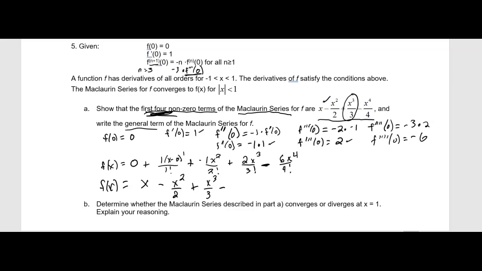Minus, this would be 6, and then 4 factorial is 4, 3, 2, 1, so that's going to be 24. 6 over 24 is 1/4, so we get x to the fourth over 4. We have just found the first 4 non-zero terms that they were asking for if we look up here at our original 4 terms.